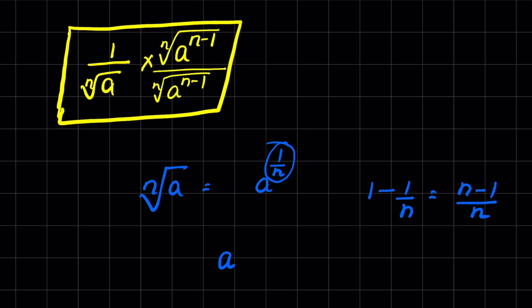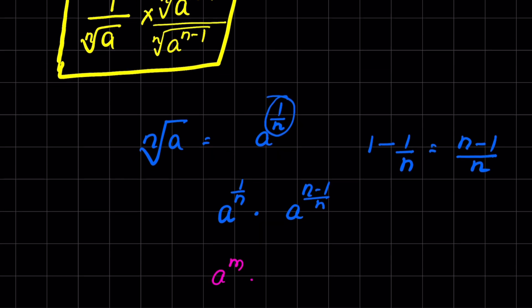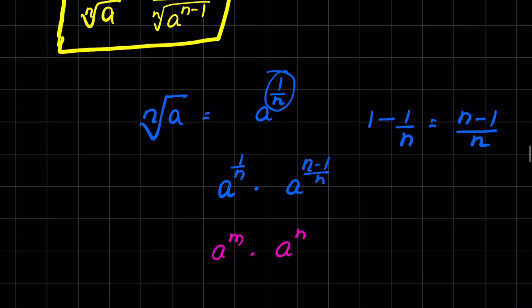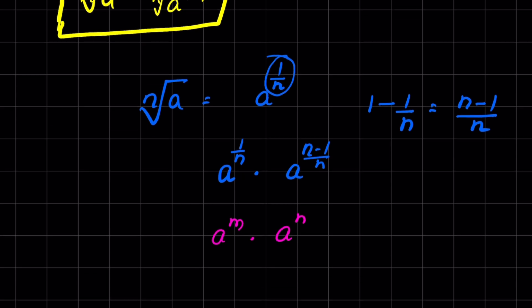So if we write it like this, a raised to the power 1 upon n times a raised to the power n minus 1 upon n, then this is in the form of a raised to the power m times a raised to the power n, and this is an identity. We can write it as a raised to the power m plus n. So when we write it like this, here we can add the exponent.